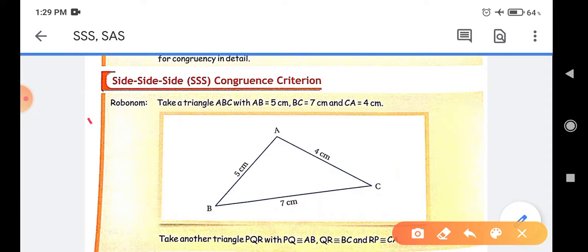In this, we will take all three sides of a triangle. Here is a conversation. Robonom says, take a triangle ABC with AB equal to 5 cm, BC equal to 7 cm and CA equal to 4 cm. So this is triangle ABC.